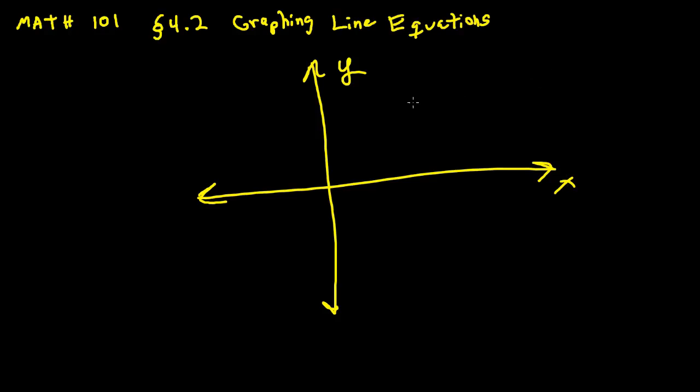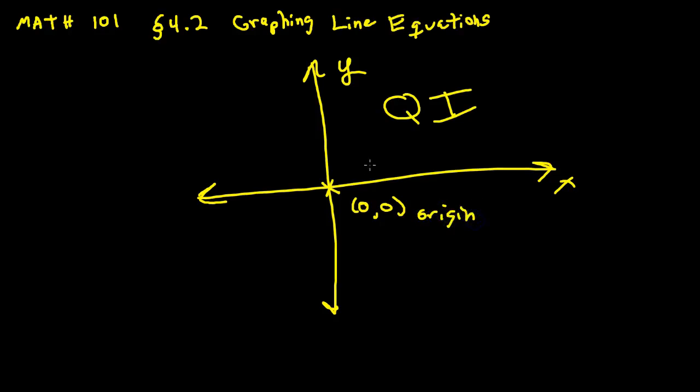This quadrant, as you might recall, is labeled quadrant 1. The convention is that the intersection of these two axes is called the origin, and has the coordinates 0, 0.